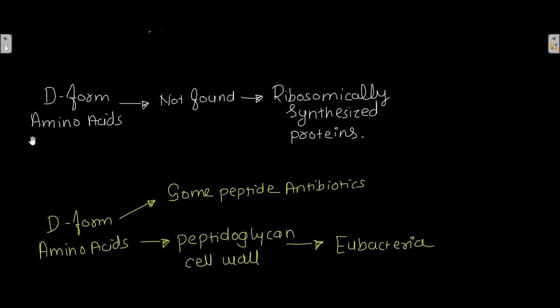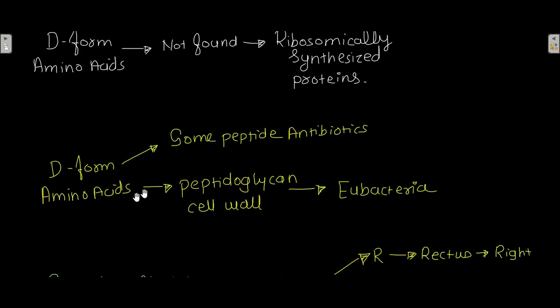D forms of amino acids are not found in ribosomally synthesized proteins, but they are found in some peptide antibiotics and in the peptidoglycan cell wall of a few bacteria.